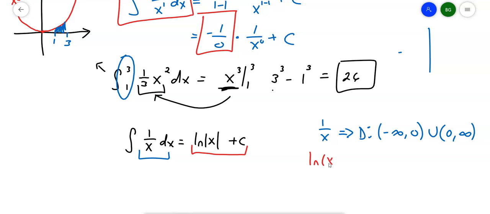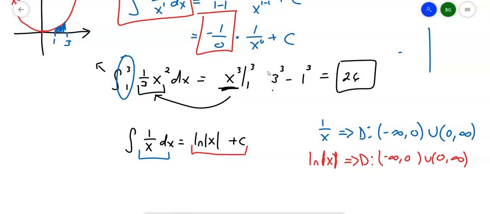Well, if we're not using the absolute value, the domain of the natural log of x is just 0 to infinity. So in order to match my domains, if I instead use absolute values, now all my negative inputs are going to become positive, and then I can add on this part of the number line.